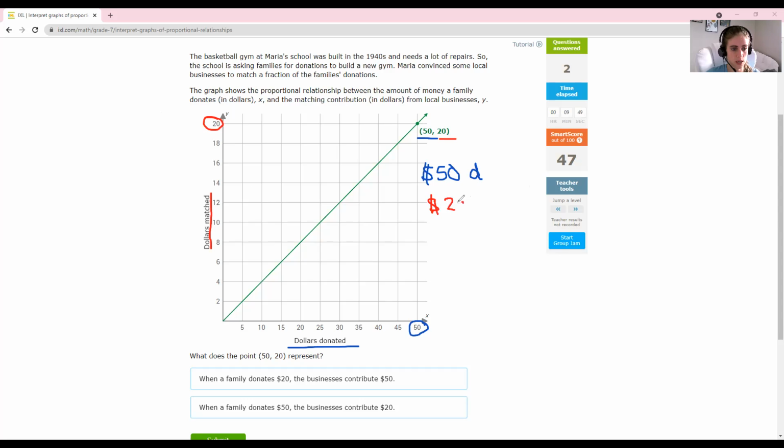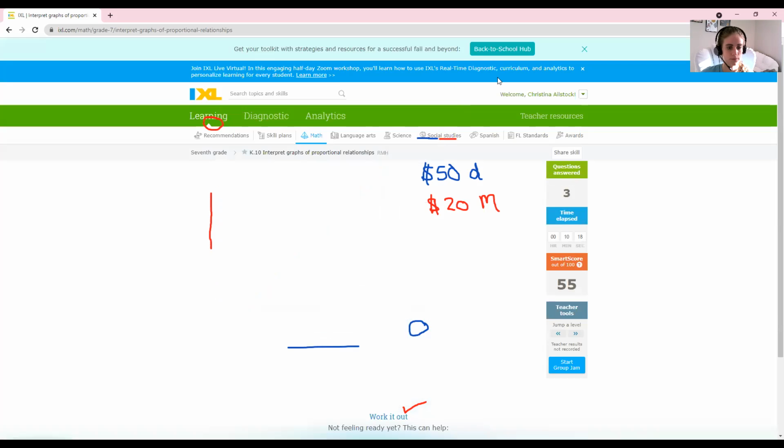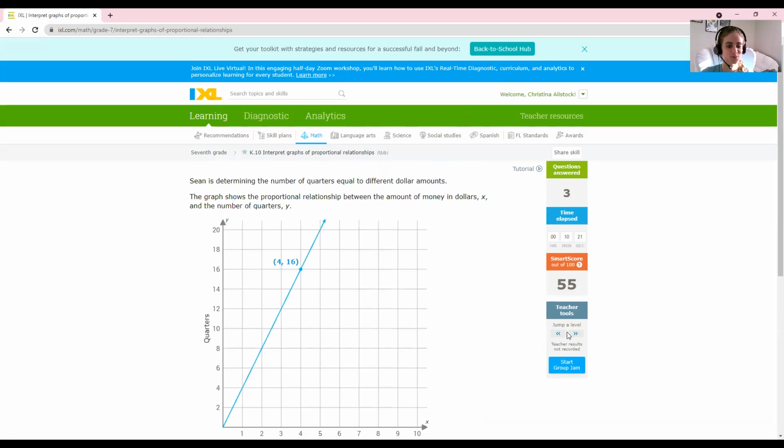So then $20 matched. Let's read our two options, see which one's correct. When a family donates $20, the businesses contribute 50. Nope. When a family donates 50, the business contributes 20. Yeah, that's it. Because the dollars donated is blue. That's our X value, 50. Then the businesses contributed in red. They contributed the $20. Let's go up another notch.